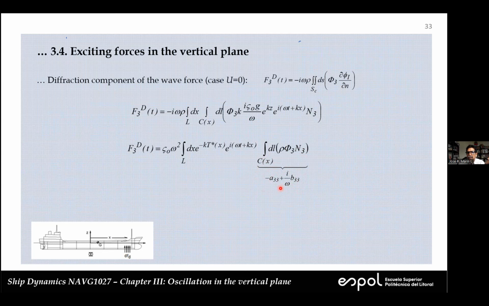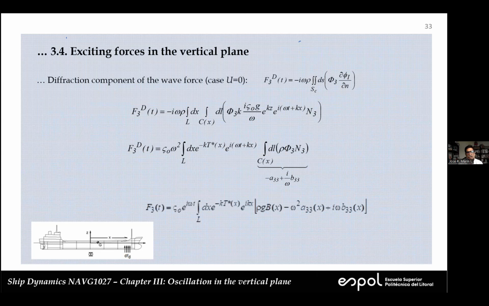So that's the solution. After we do this, we can simply integrate along the length of the ship and combine it with these other terms. Since there is no analytical solution for this, we simply apply a numerical integration. That's all.